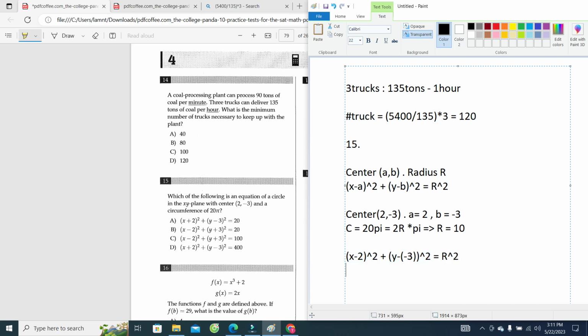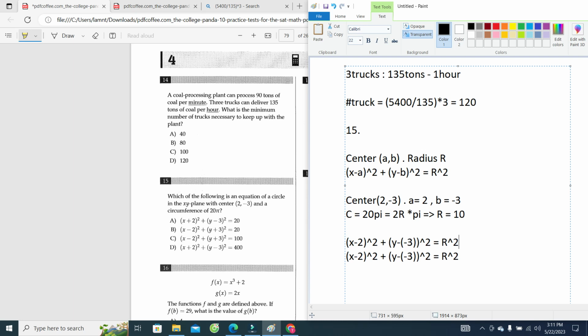So x minus 2, and y minus 3 is just y plus 3, and r we're gonna substitute with 10. So that's equal to 100. So we can clearly see the answer for this question is C. 15 should be C.